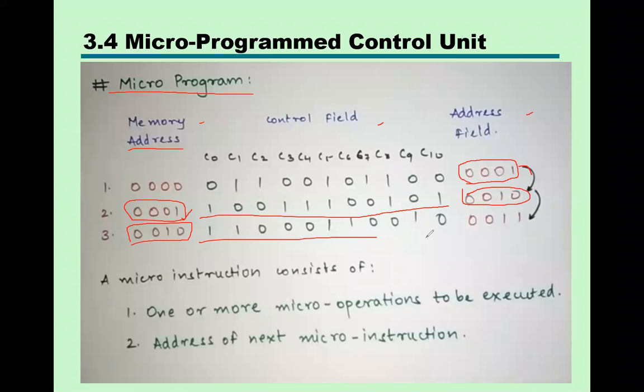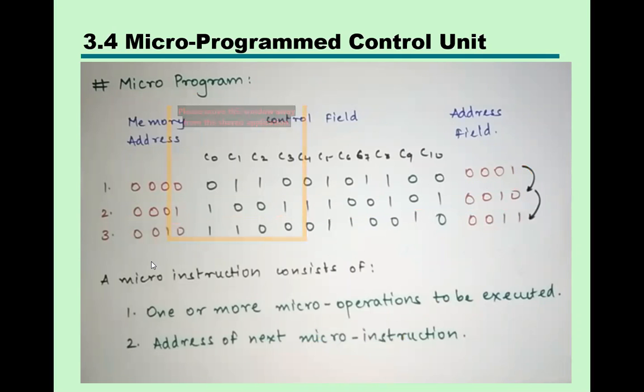These signals are generated, and so on and so forth. The instructions will be executed one after another. Right. So can you understand from this previous example what consists in one micro instruction?